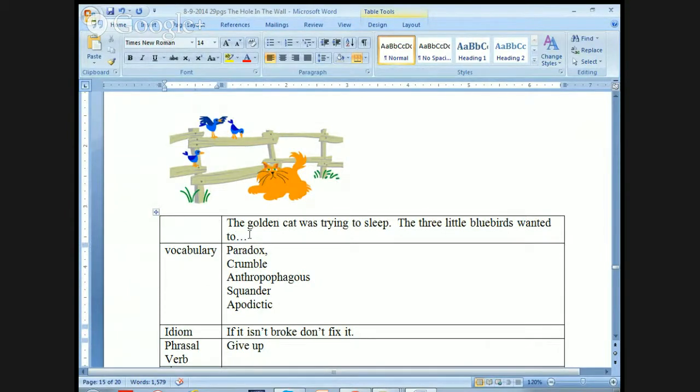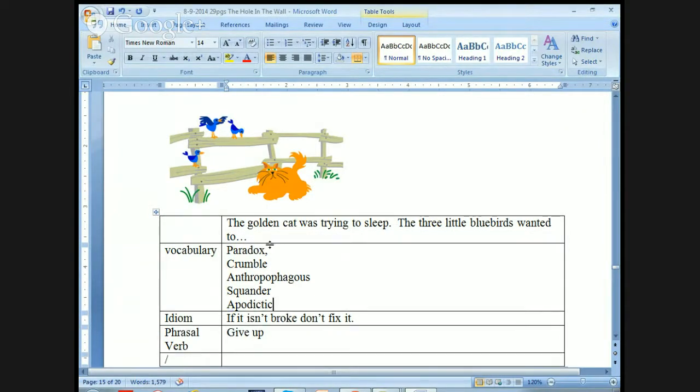Yes. Okay. I'm just trying to figure out what these words mean. Vincenzo, what does paradox mean? Paradox is a situation very strange. It's also impossible. Okay. Paradox. And crumble?